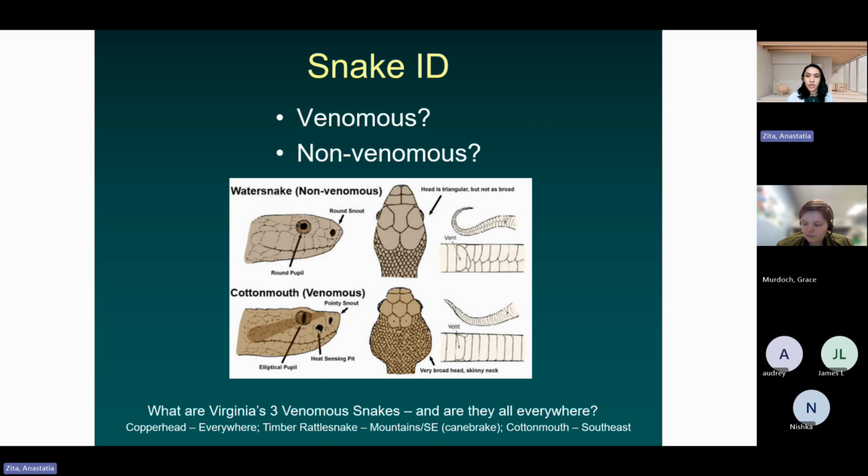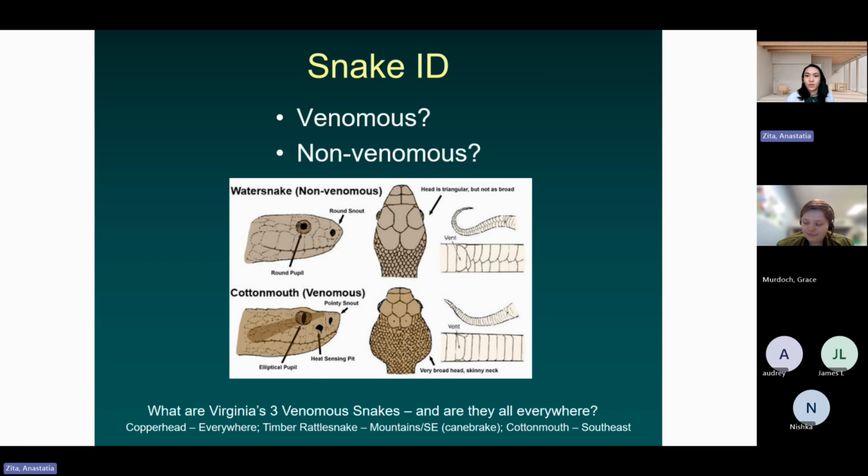When looking at scales, you should check the vent and some caudal plates to see if it's a double row or a single row of scales. The double being non-venomous and the single row being venomous. The vent on a snake would be basically its cloaca right after its main, I guess, its main anus.